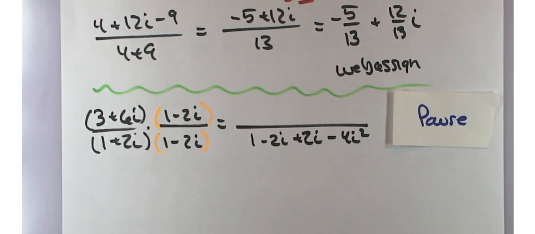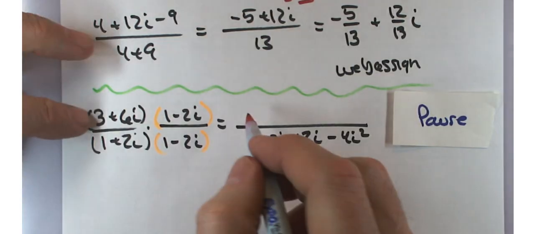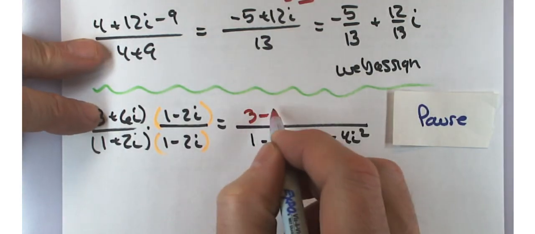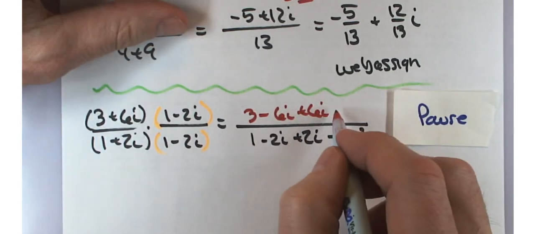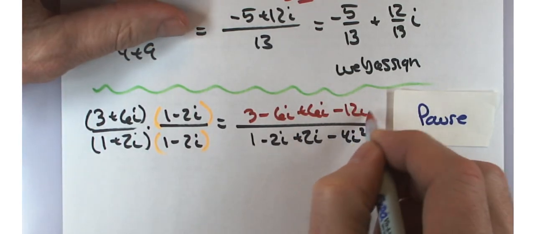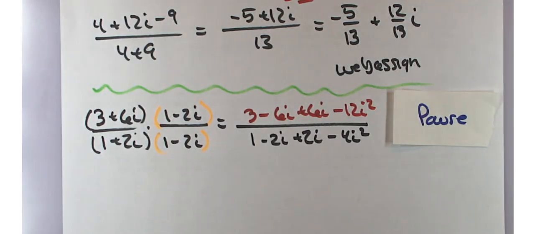Someone help me out with the numerator. What do I get in the numerator? 3 minus 6i plus 6i. Keep going. Nice. 3 minus 6i plus 6i minus 12i squared.